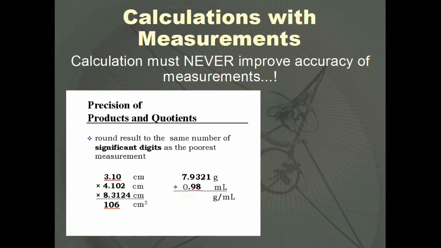Well, I have 2 significant digits in my weakest link. Therefore, my answer cannot exceed 2 significant digits. And I need to round it to 8.1. No matter how precise I did the mass measurement, I need to go with the weakest link.